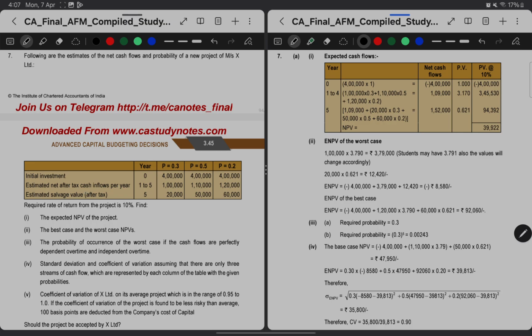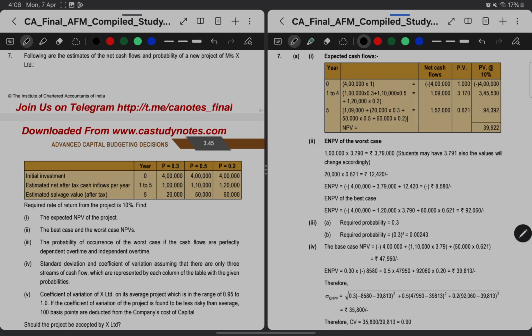And for the estimated net after tax cash inflows per year for 1 to 5 years they've given three values, and we have to multiply with the probability to get the expected cash flows. Since for 1 to 5 years the expected cash flow is going to be the same, we can take the annuity factor for the discounting.